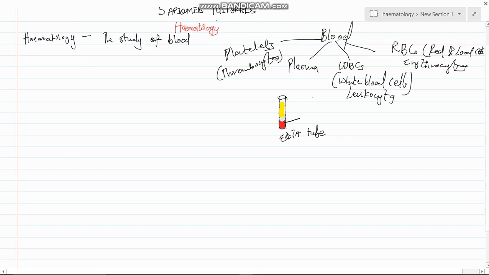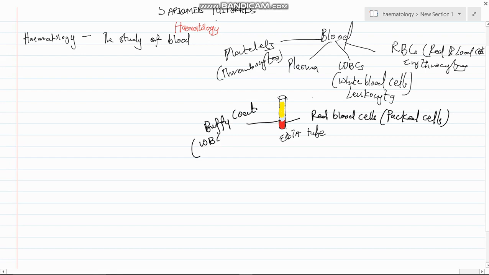So we have our red blood cells over here, or packed cells. Then we have our Buffy coat. Now the Buffy coat consists of the WBCs, that's the white blood cells, and the platelets. And then here we have our plasma.